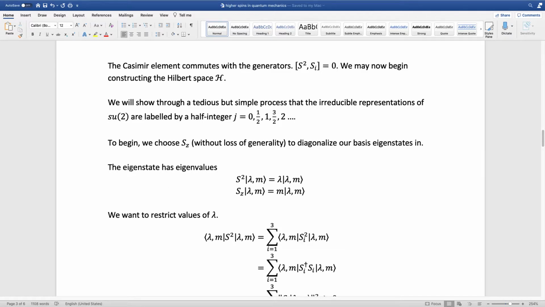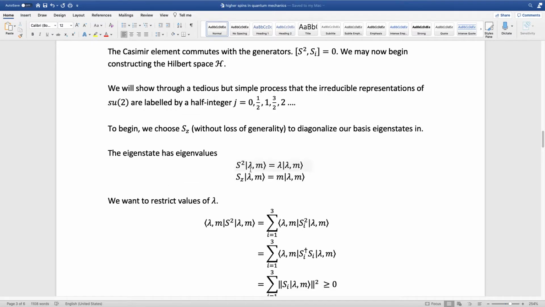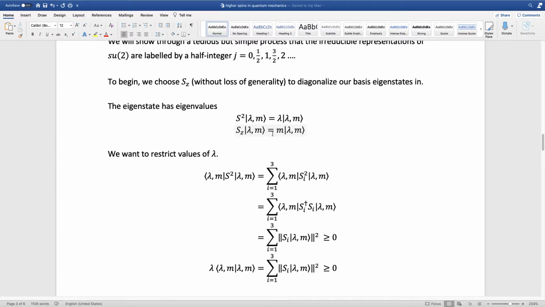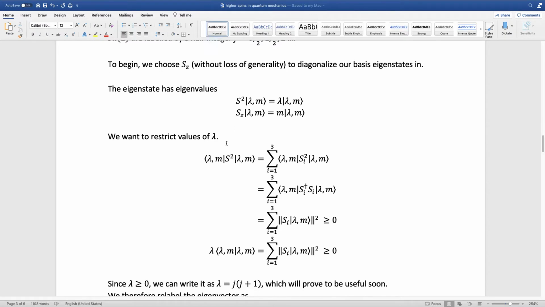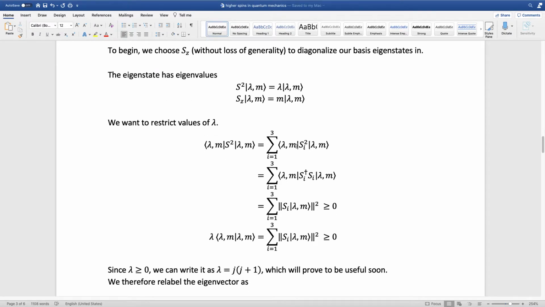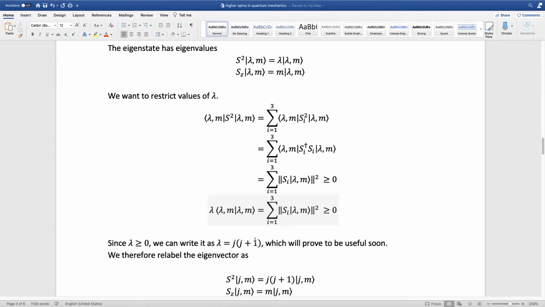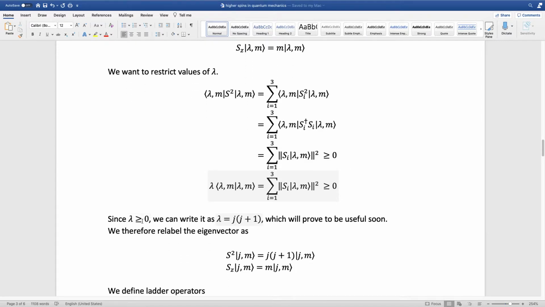So now the eigenstate |λ, m⟩ has eigenvalues λ and m corresponding to the following operators. Now we want to first restrict the values of λ. Using this simple algebraic manipulation, we can obtain that λ is a real number greater than or equal to 0.